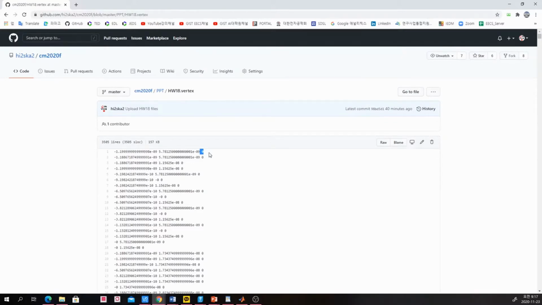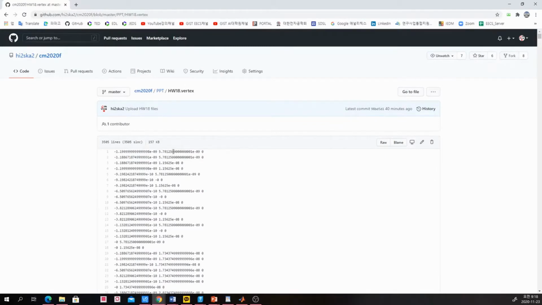Now let's go to the second line. The second line reveals that the second vertex has the x coordinate of about minus 1.18 nanometer, slightly to the right position, and the y coordinate is the same as before.